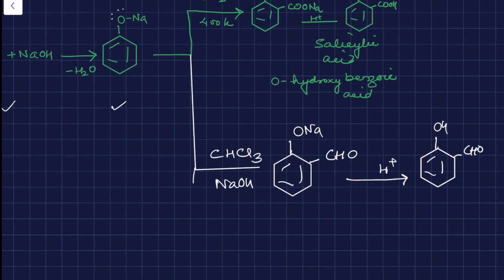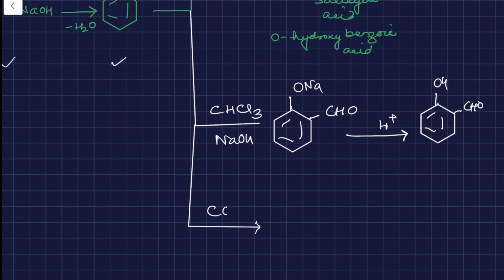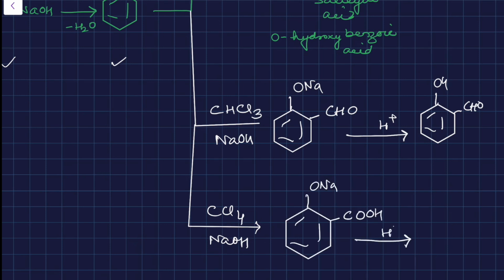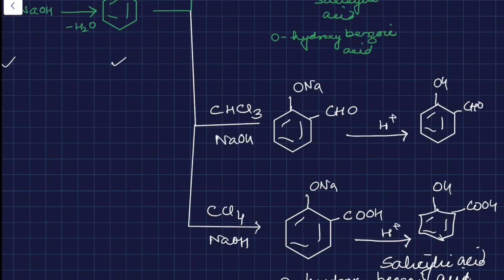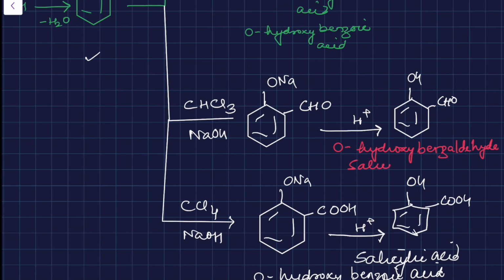The same reaction can be performed with carbon tetrachloride followed by hydrolysis with NaOH, and what we get here further undergoes acidic hydrolysis to give you the final product, that is salicylic acid or orthohydroxybenzoic acid, and this is the aldehyde, or salicylaldehyde.